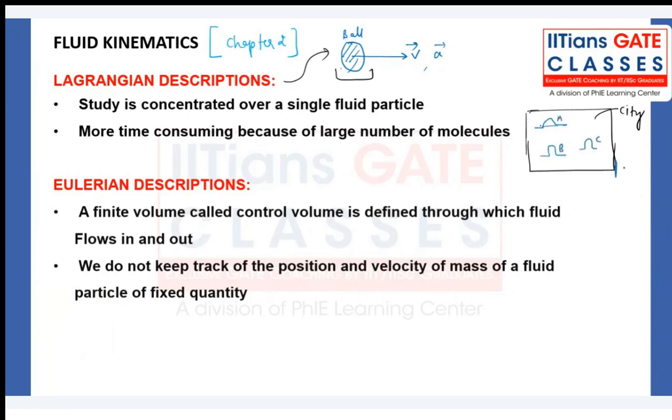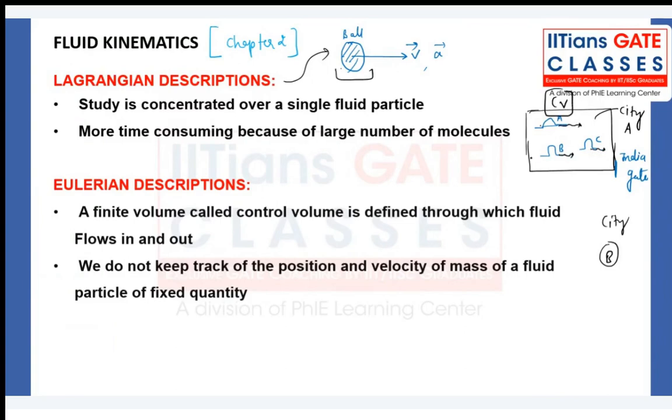Suppose every car wants to move from city A to city B, and let's suppose this whole remaining laptop board is city B. Only this control volume is city A. Now, if you analyze the motion of a single car, that is Lagrangian.